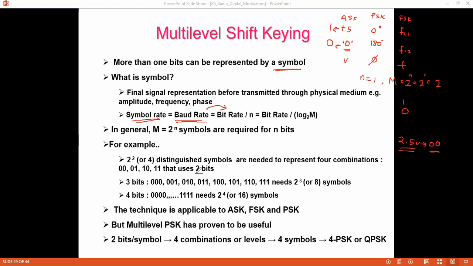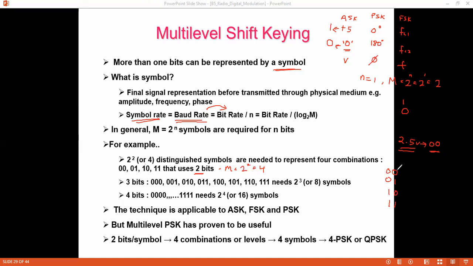Okay, with 2 bits, we require m equal to 2 to the power of 2, equal to 4 symbols, and these 4 symbols will represent 4 combinations based on these 2 bits, which are 00, 01, 10, and 11. Okay, so let's say we have, okay, so these are the bits required.